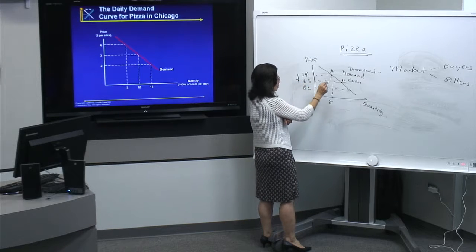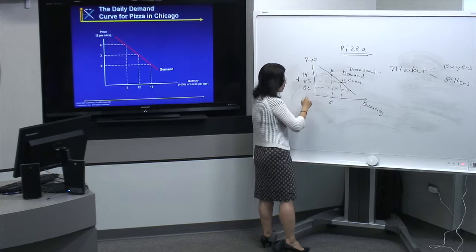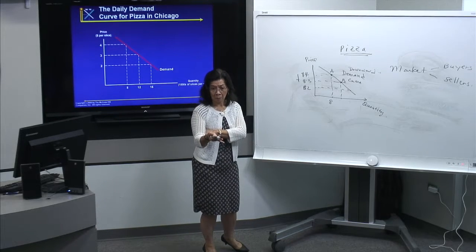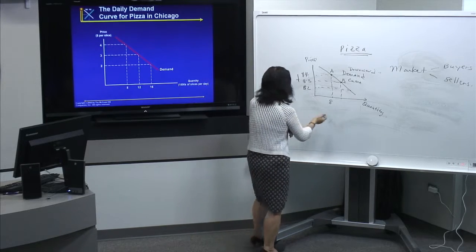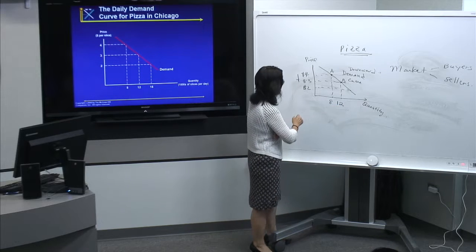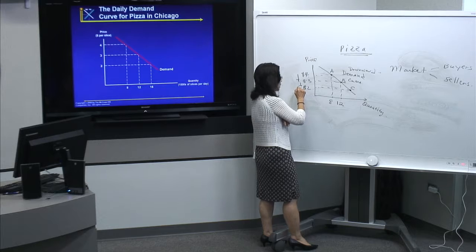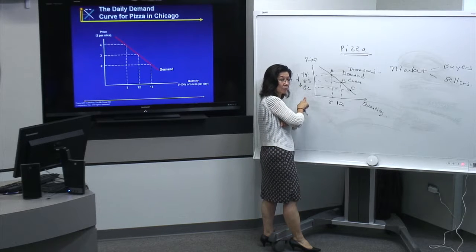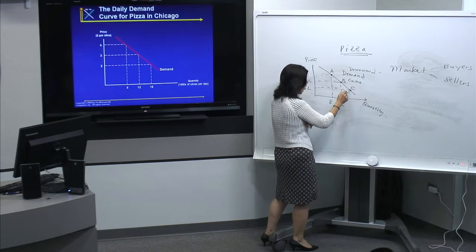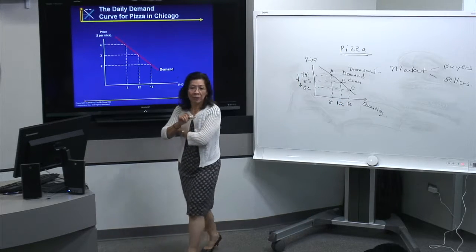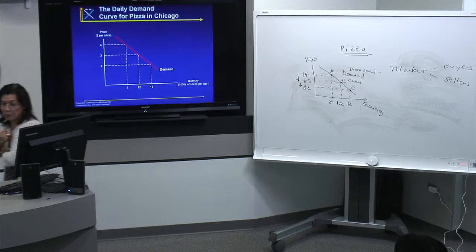If the price is cheaper, you would want to buy more. So then you buy 12 units, that's an example. And then from point B to point C, if it has dropped to $2 per slice, you would buy 16 units. That's when you invite your professor to your pizza party.